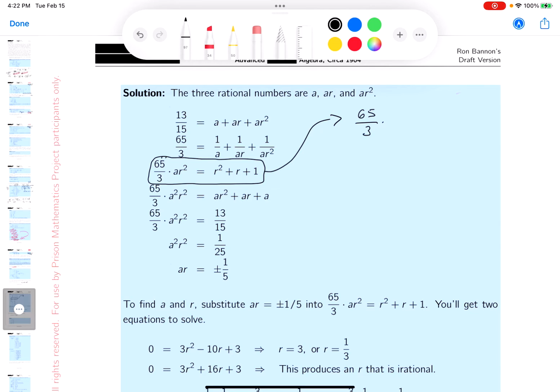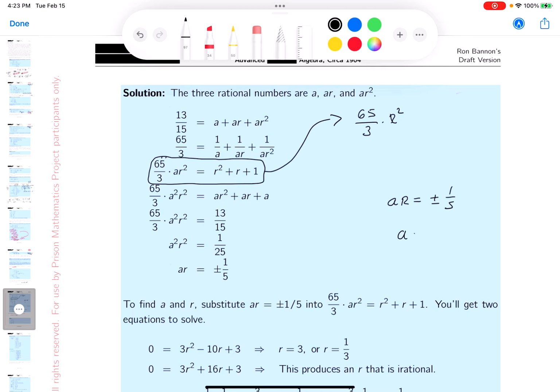Well, I got troubles here, don't I? I got the R squared. But then the question is, what's the A? I want to remind you that AR equals plus or minus 1/5. By the way, the way I like to play the game is I just want to do one at a time. So the question is which one you want to do? Well, I got to get A, right?